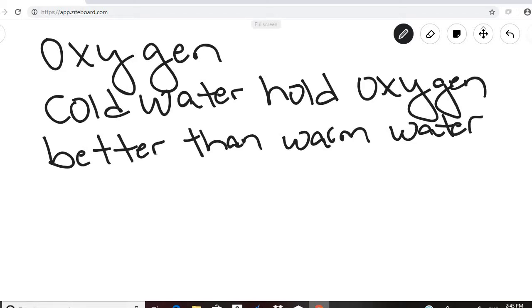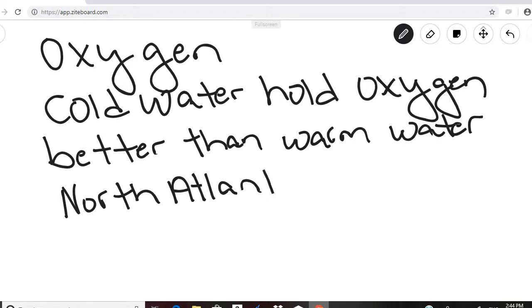So this area of the ocean actually gets more oxygen than the organisms there need, especially in areas around the North Atlantic and Antarctica.